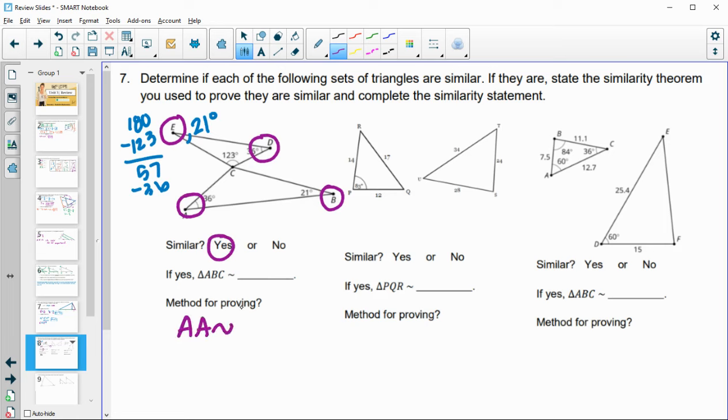They have two angles the same. Then we just need to do the similarity statement. So for ABC, we want to go in the same order. What angle went with A in this top triangle was D. What went with B was E, and then C.